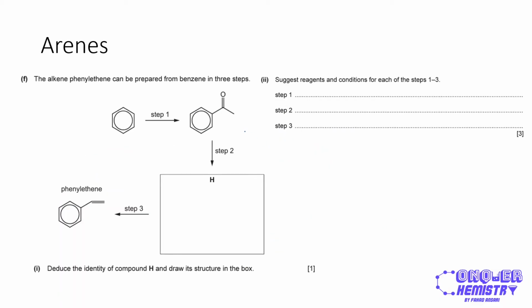So another type of reaction that arenes go through is called acylation, right? Now benzene in step 1 has got this group over here, right? Now any group that involves an R group, an alkyl group bonded to C double bond O, and then the carbonyl group is bonded to something else. It can be anything.